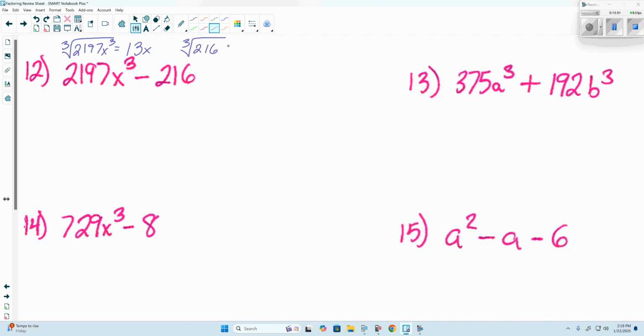Now, the cubed root of 216 was 6. So it is a difference of two cubes.